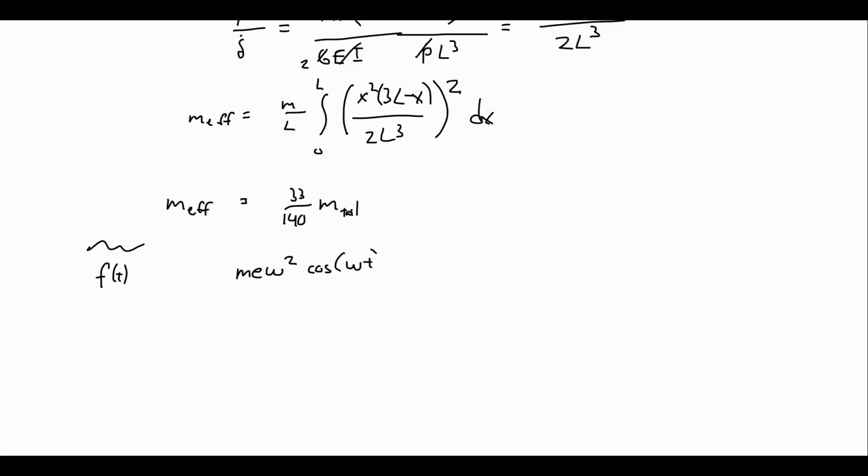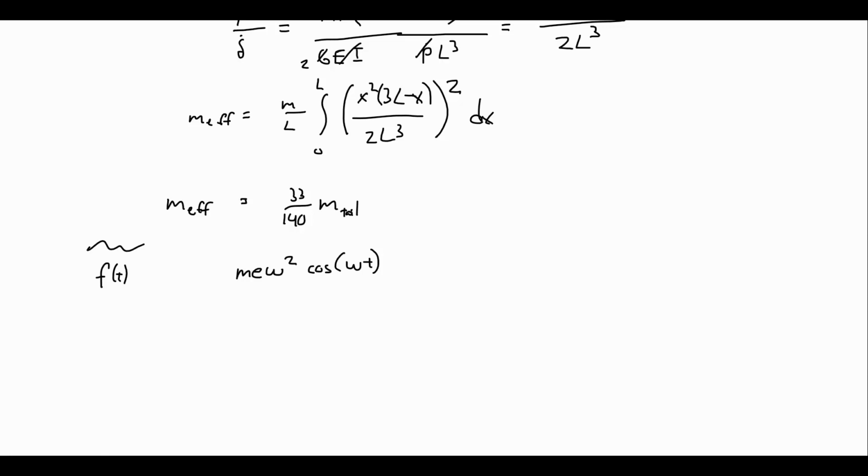Now my presumption is that at time 0 the mass is going to be exerting full force downward. I could also use a sine or any sort of phase here. We're not told the details, but this will be a good enough way to put it together for the purposes of this evaluation.